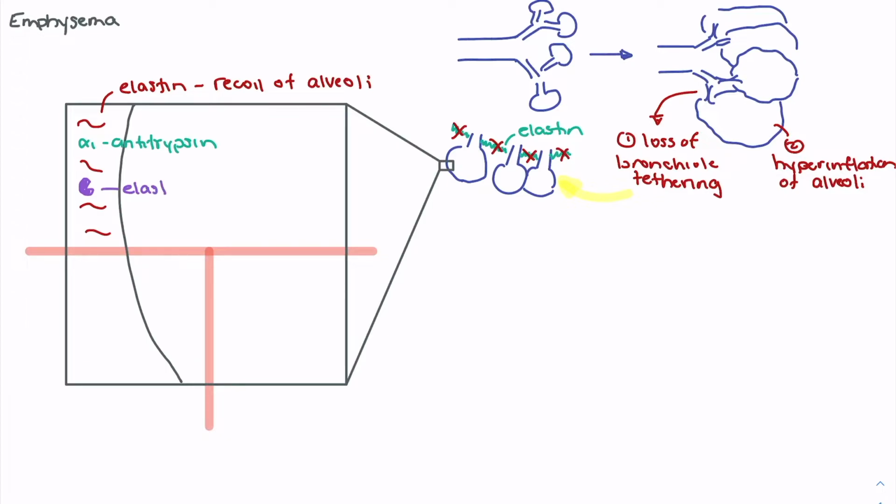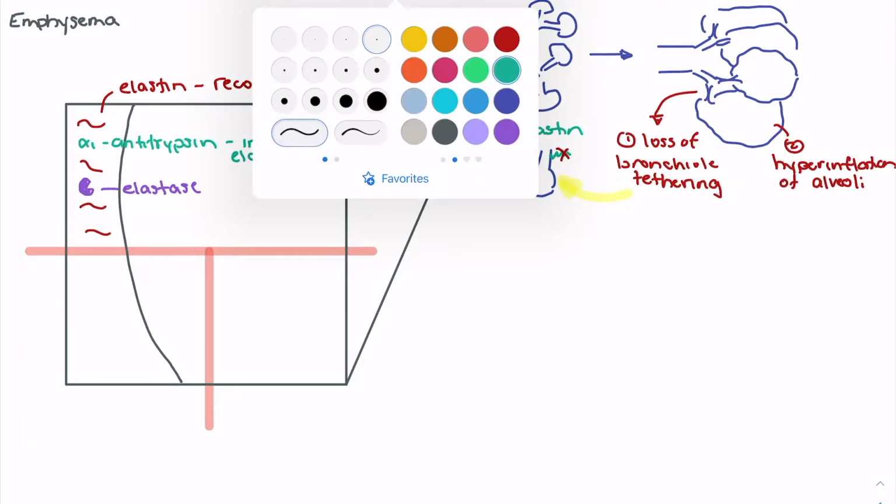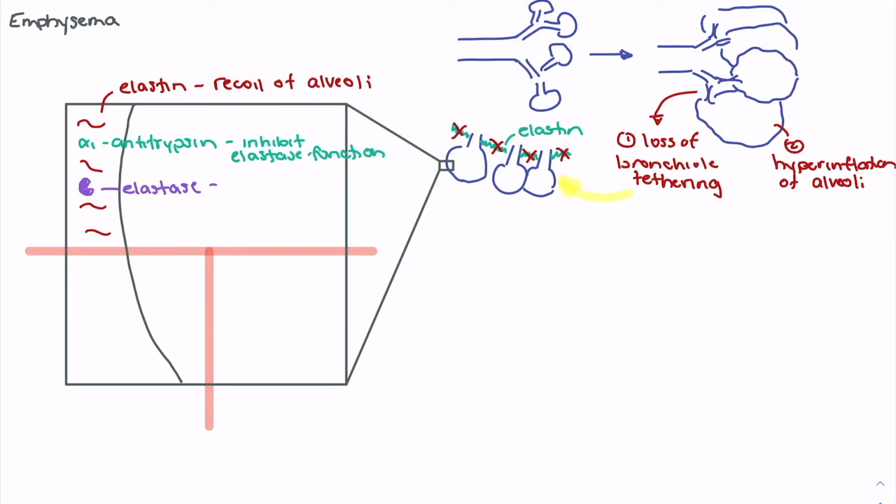What's interesting about our alveoli is that alpha-1 antitrypsin and elastase have opposing functions. The function of alpha-1 antitrypsin is to inhibit elastase. So alpha-1 antitrypsin is going to inhibit elastase function, or basically slow down the ability of elastase to do its job. And then elastase is an enzyme that breaks down elastin.